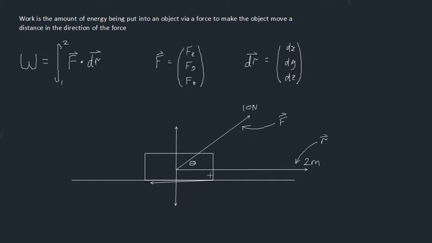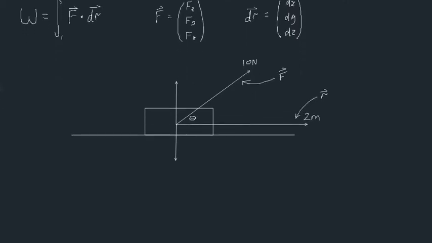But even if we consider these forces acting on this object, let's say we're only interested in the work being done by our 10 Newton force. So even though there are other forces acting, we just don't mind. We're just calculating the work done by this force alone.